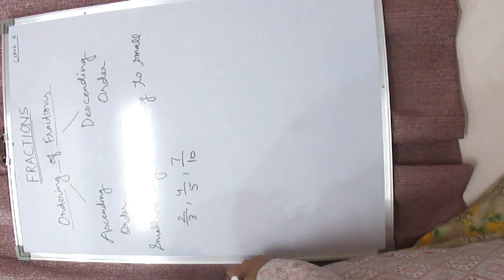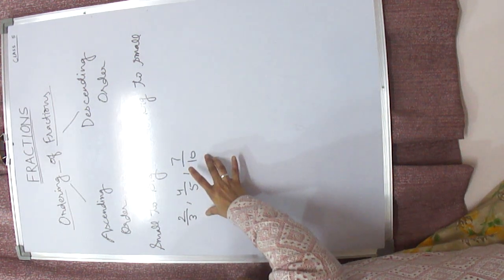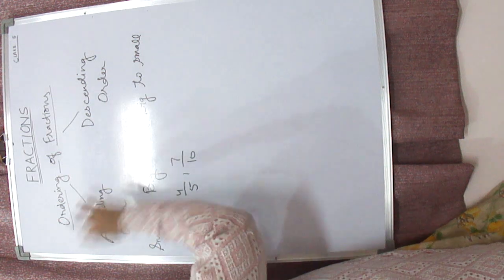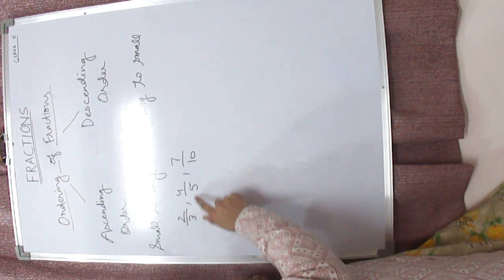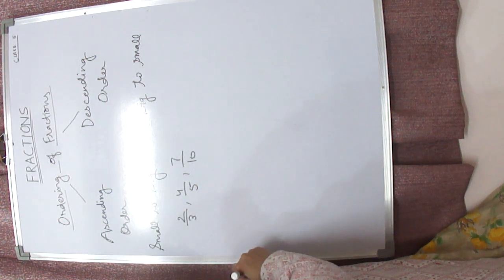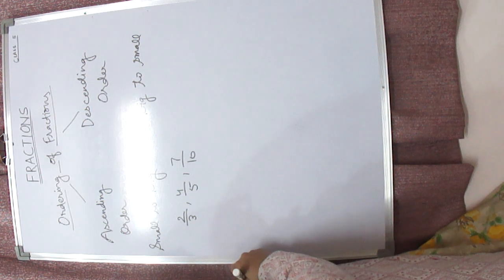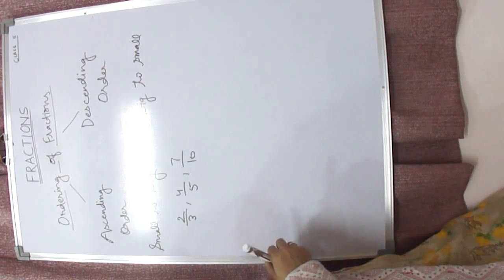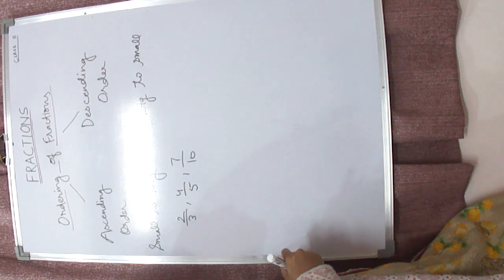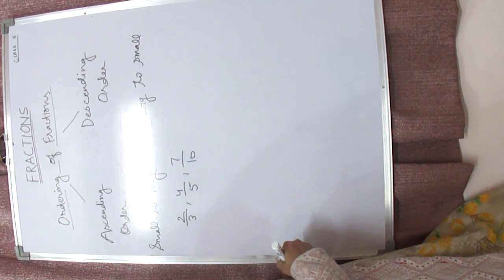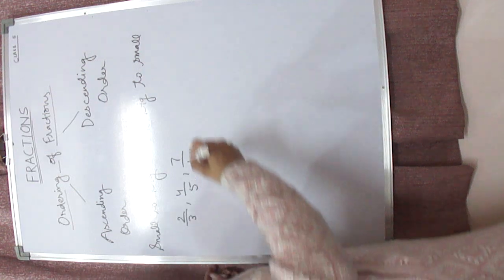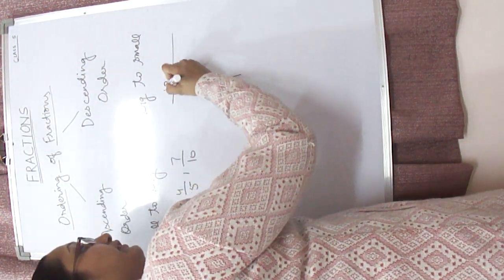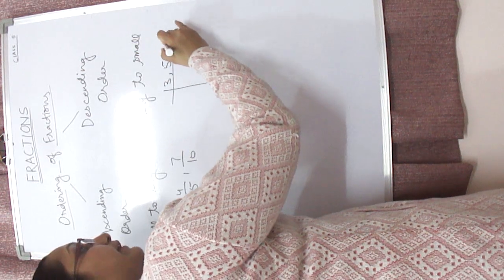I have taken these three fractions and I am asking you to arrange them in the ascending order. You can see that their denominators are different. So it's quite difficult for us to arrange them. So what we can do is convert them into equivalent fractions. How do we convert them into equivalent fractions? By taking their LCM.